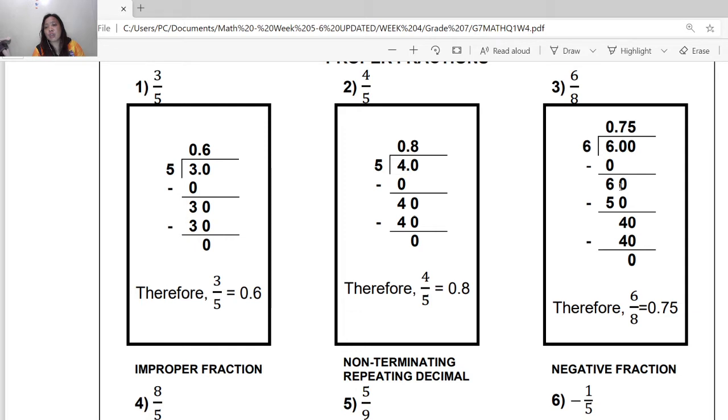So you have here 60 divided by 8 is 7 because 7 times 8 is 56. This must also be 56, this is just a typographical error. Then 60 minus 56 is 4. Add 0 here and bring down 0. That is 40 divided by 8 is 5. 5 times 8 is 40. Then you have 0. Therefore, 6 over 8 is 0.75.